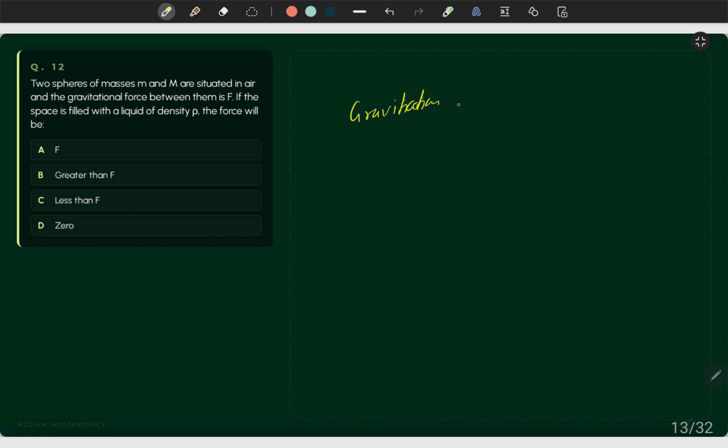Gravitational force is independent of the medium. Whether there is any medium between two masses m1 and m2, the gravitational force remains the same because it does not depend upon the medium. So the force will be again F. Correct option is A.